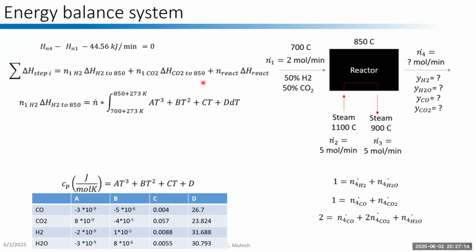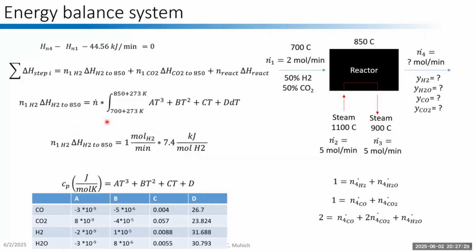I then have my polynomial. I can take my integral just like I did before, and I'm going to cut to the chase a little bit. This integral ends up being 7.4 kilojoules per mole H2.